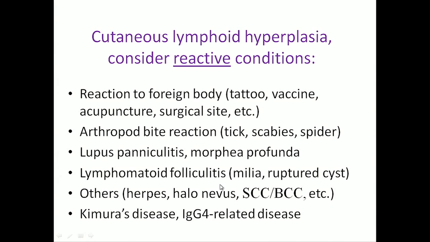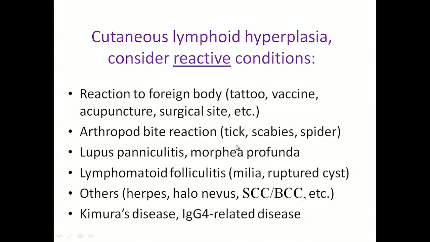So when you see a case of a cutaneous lymphoid hyperplasia, the first thing you have to do is consider a reactive condition. Has the patient had any surgeries, a foreign body, tattoo, vaccine, acupuncture? So is there a reason why this infiltrate is there?